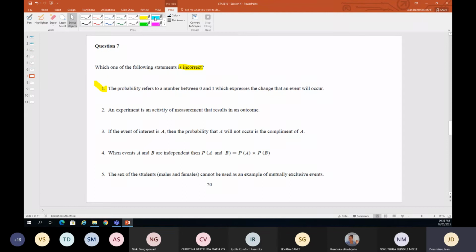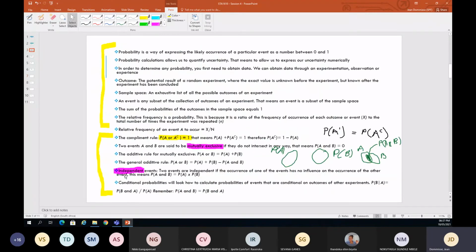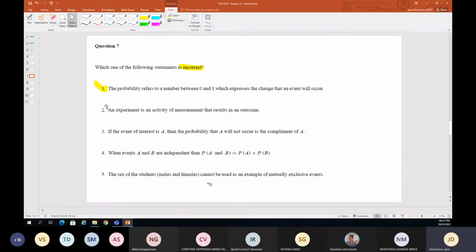Okay, so let's look at the next one. An experiment is an activity of measurement that results in an outcome. That is straight from your definitions, so that is correct.